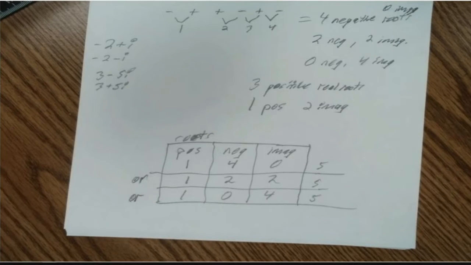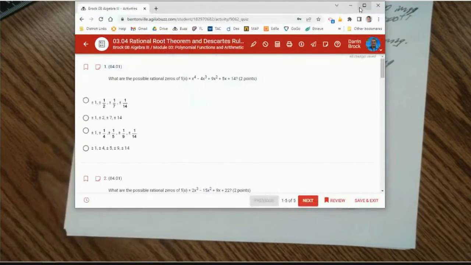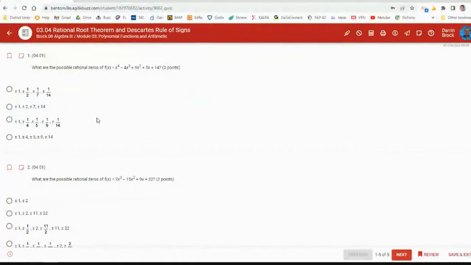Okay, let's see here. So our assignment, I'm going to look at our assignment real quick and put it up on our screen, to see what kind of questions it's asking you. Like the first question is, what are the possible rational zeros? Well, that's where you do the P over Q. Q is the coefficient of x squared, which is just 1.